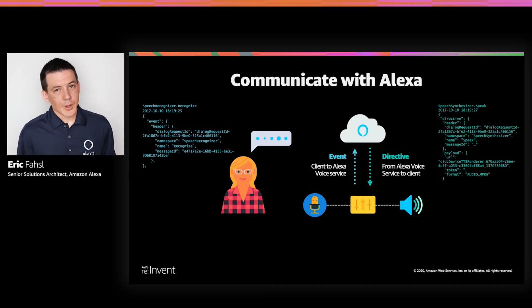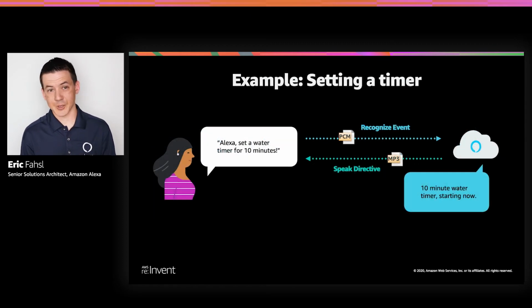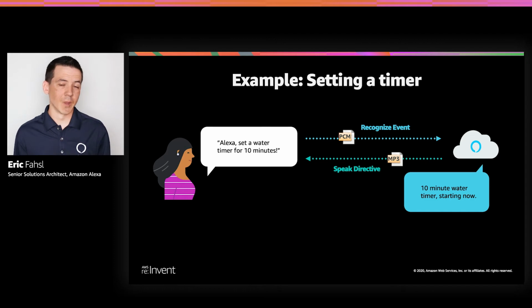So let's talk through an example that seems simple. Setting a timer, do it all the time, especially in the kitchen, right? So seems pretty simple, 10 minutes starting now, but behind the scenes, there's actually a bit more going on. So in addition to just simply saying that the timer has started, the device is actually going to set the timer in a local data store on the device.